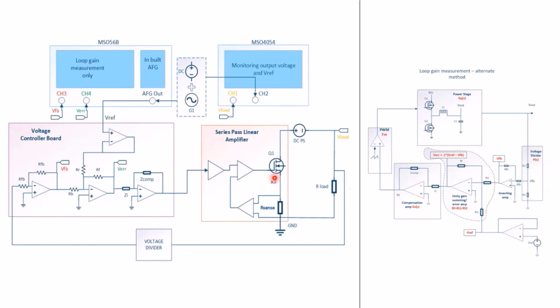Basically, this system is like your typical linear voltage regulator, such as LM7805, which regulates the output voltage on the load. And it is immune from any disturbances from the input side.